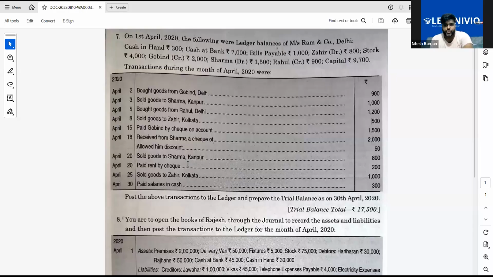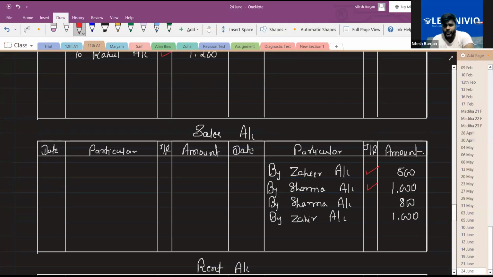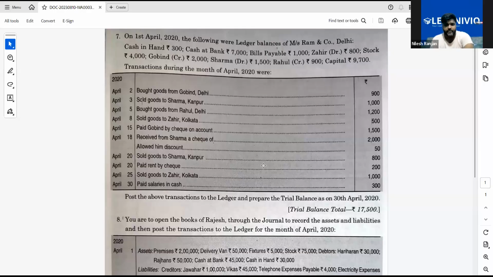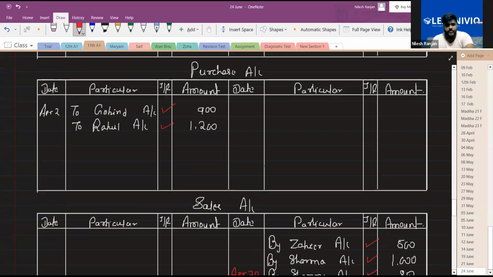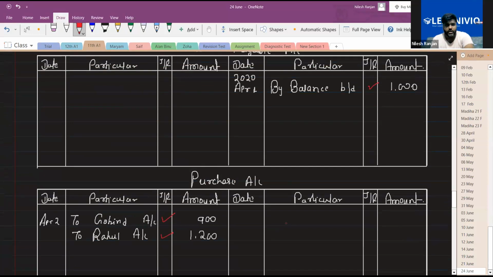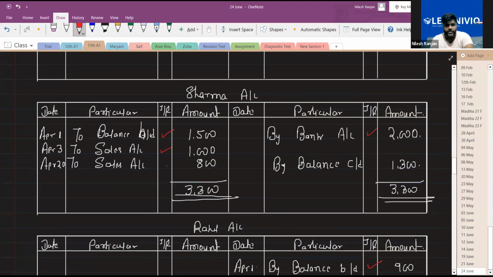Then sold goods to Sharma again. So Sharma account debit to sales April 20. It is 800. Then this will go in sales account also. Sorry, it is sales. Sharma account to sales 800.